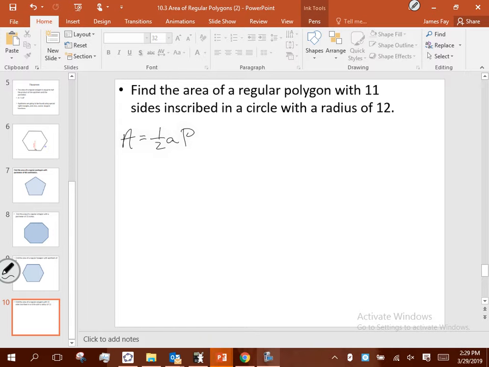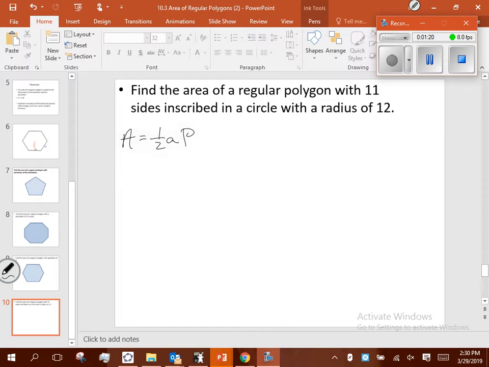Now, the issue I've had with people in the past is that they forget this formula and they Google. They get to a question on their homework, say Google area formula for a hexagon, and it comes up with something different. And it works. There's another formula for the area of a hexagon.